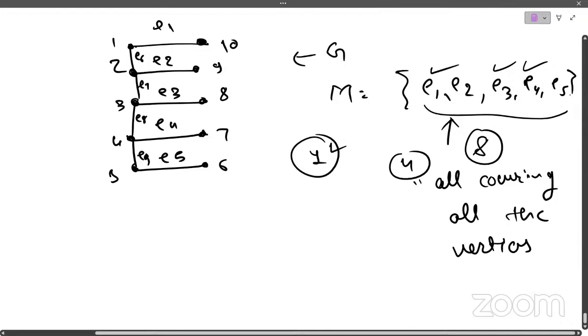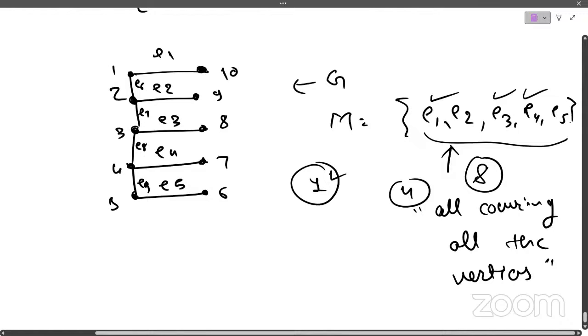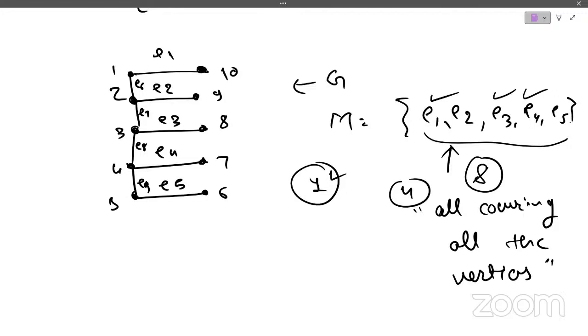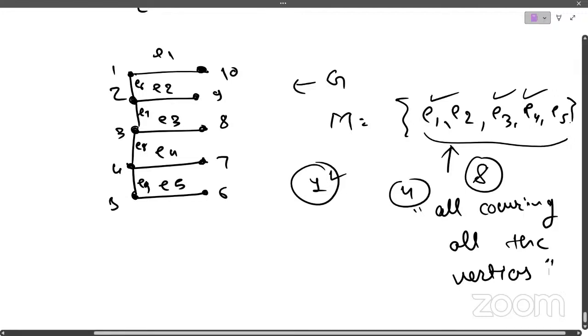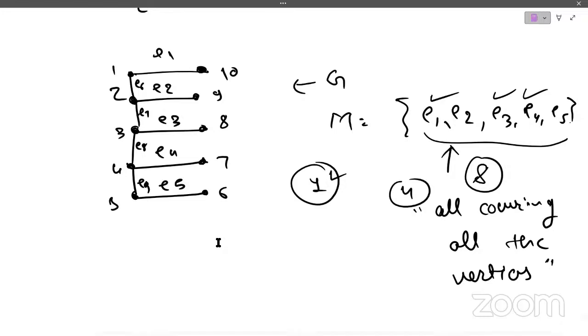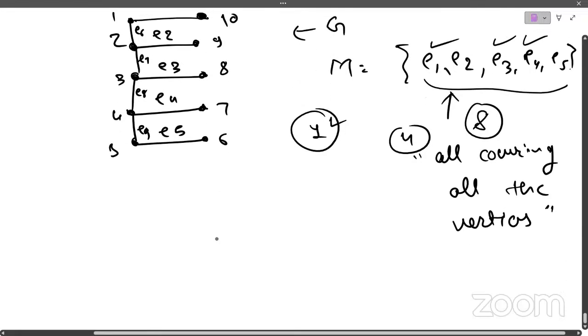That's the main concept of perfect matching. Perfect matching is just the collection of all those edges which will cover all the vertices at their endpoints. Did you get what perfect matching means? Basically, it is a matching in which every vertex should be an endpoint of at least one of the edges. So I'll just write it down.